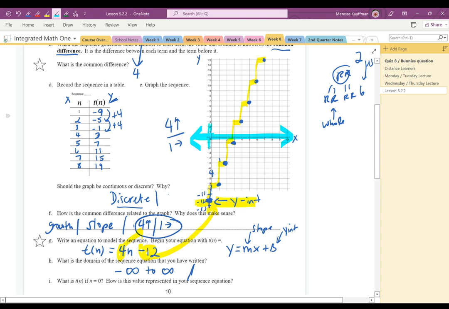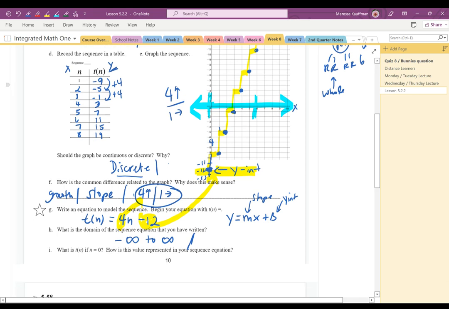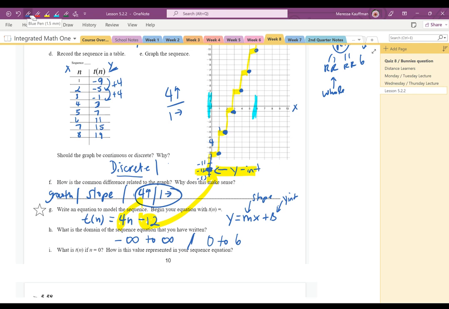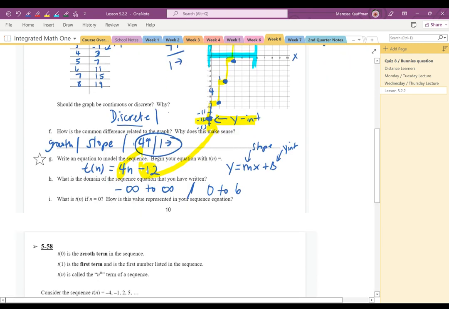So from 0 to what we have graphed, which is 6. I would take either of those because it shows me that you understand where the domain is. So you could do either one, from 0 to 6 or negative infinity to positive infinity.